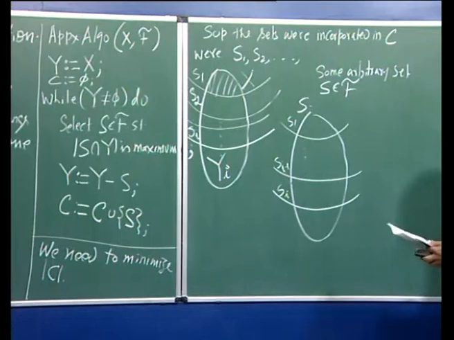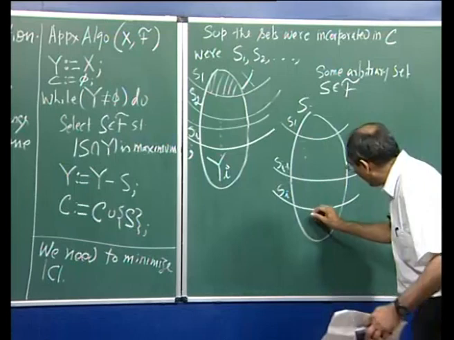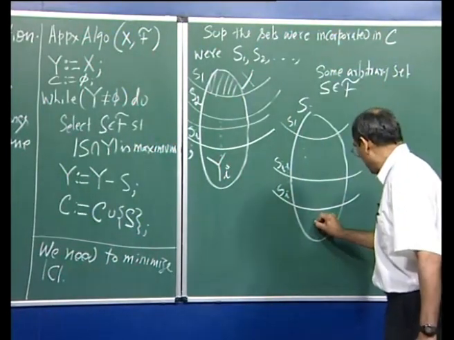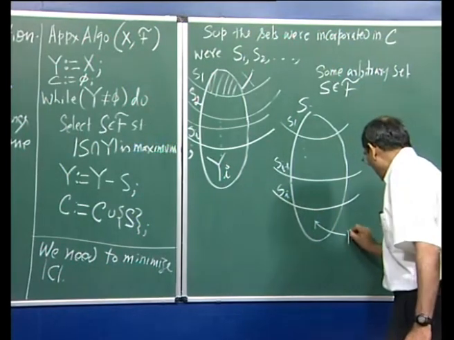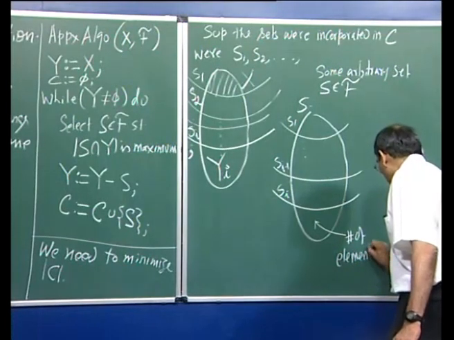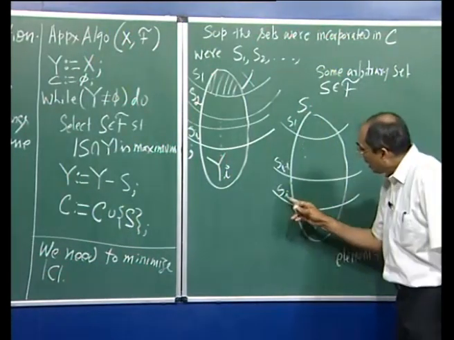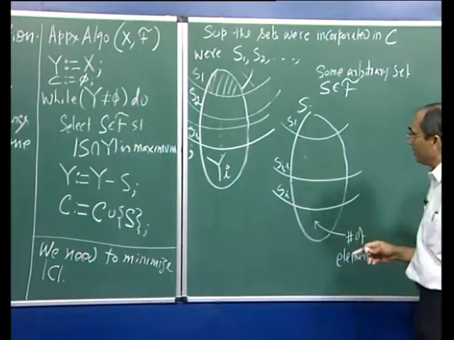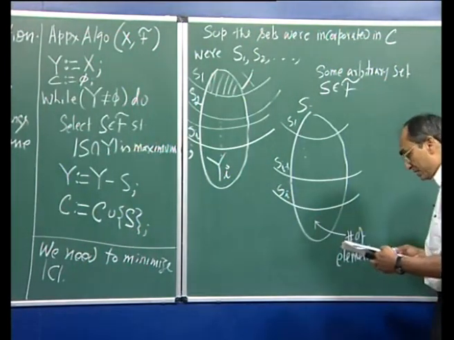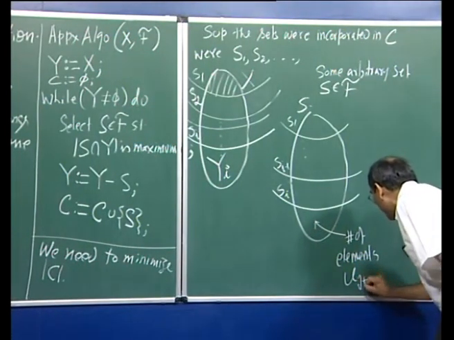Now, let me denote the cardinality, the number of elements left in S after removing those covered by S1 through Si, by Uj plus 1.